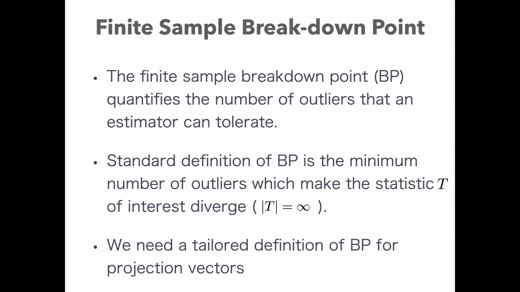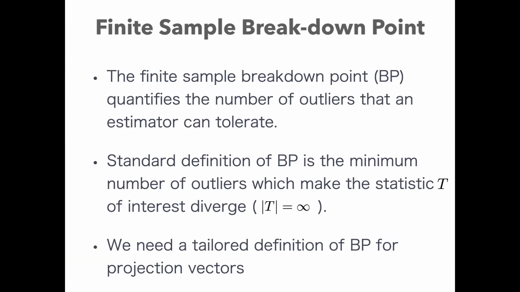So I think the most important contribution of our work is the derivation of the lower bound of the breakdown point. The breakdown point, or the finite sample breakdown point, is the number of outliers that an estimator can accept or tolerate. And its lower bound provides a kind of, say, worst case evaluation for acceptable contamination.